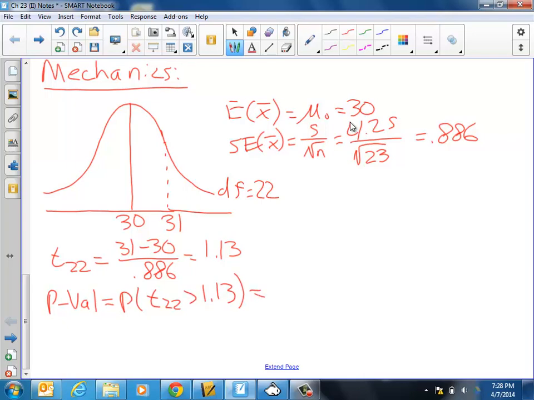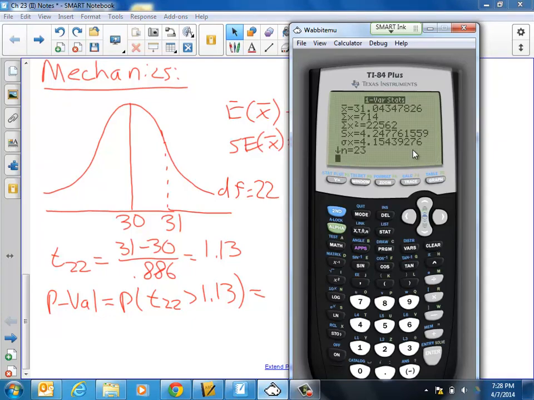How do you use your calculator to find this p-value? Well, you're going to go to second distribution, and then you will use tcdf instead of normalcdf. The lower t-score that we want is, because this is greater than based upon the alternative hypothesis assumption, 1.13, and an upper bound of like 1,000.